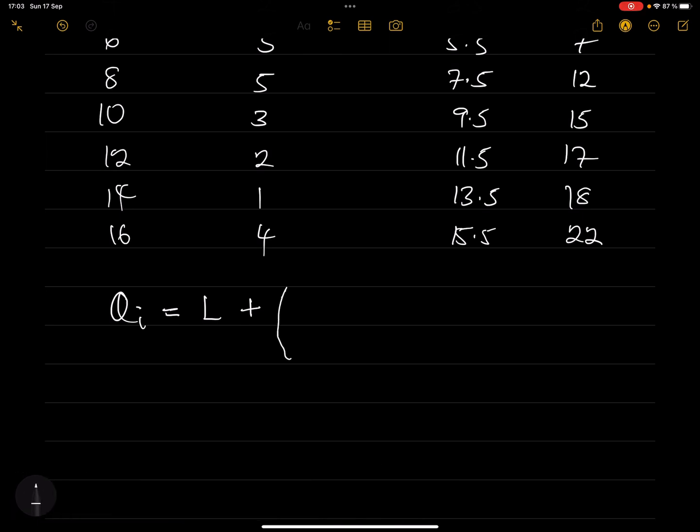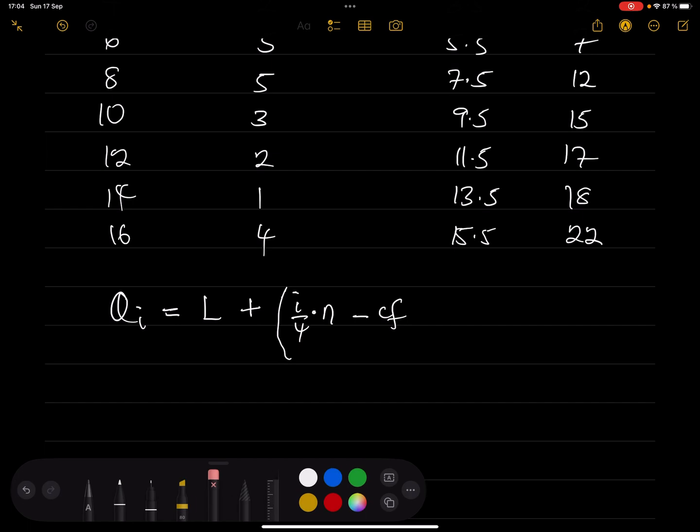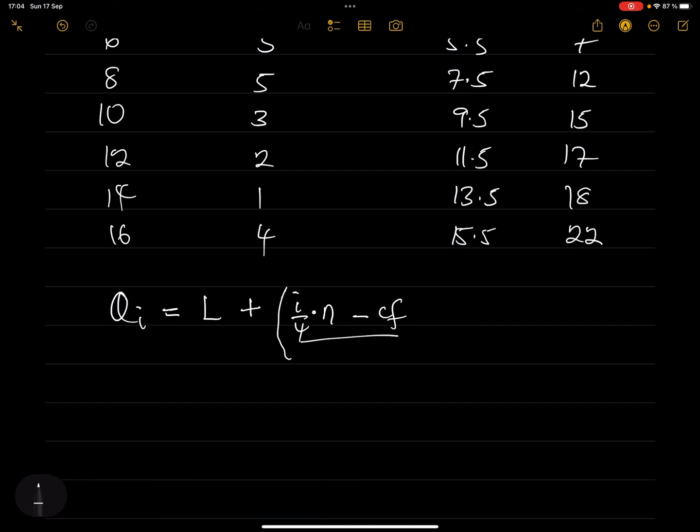We need to know that K is i over 4, and n is the number of observations. Kn, we shall look at this, minus the CF, divided by the frequency, multiplied by the width.